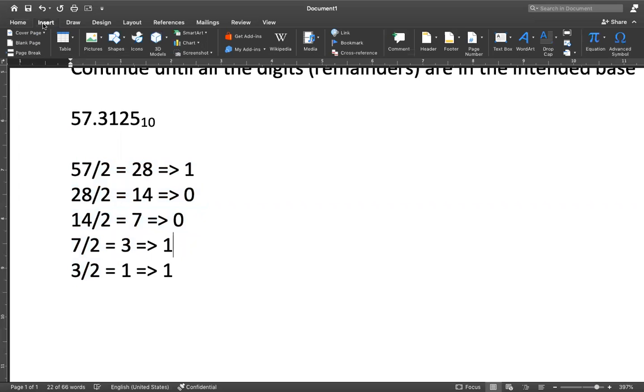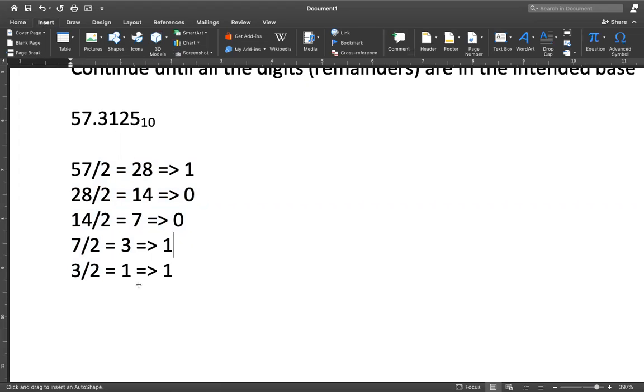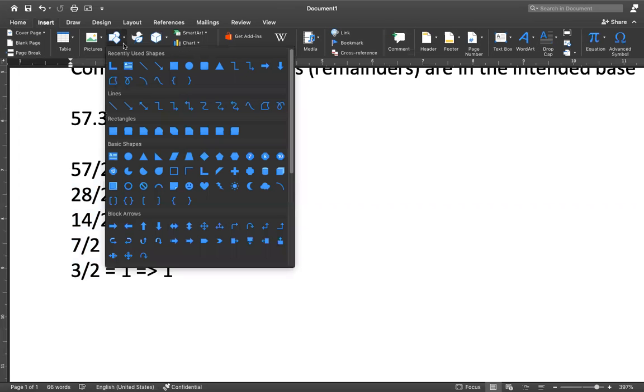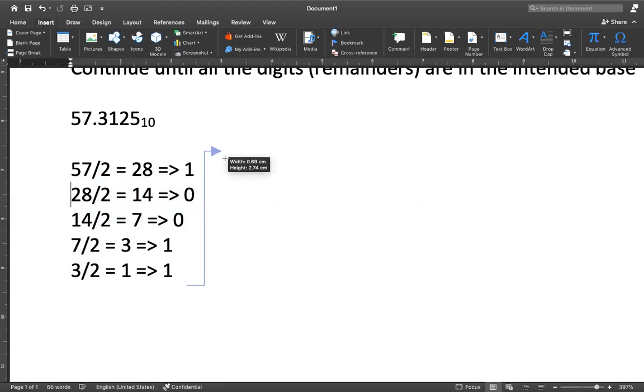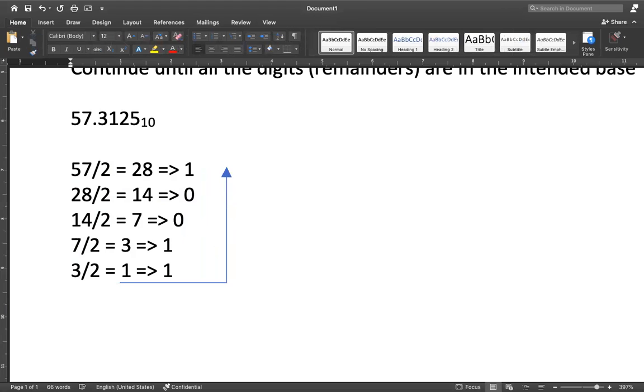Let's draw an arrow. Then the value is 111001.